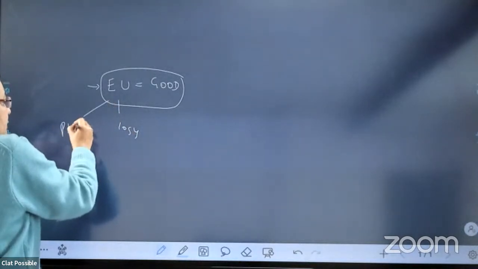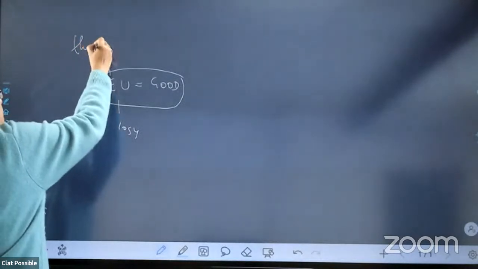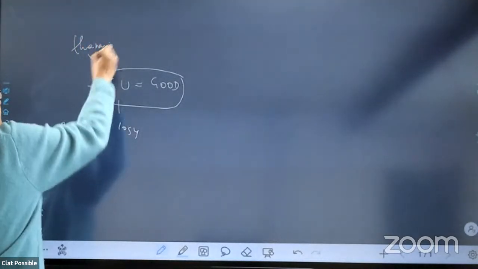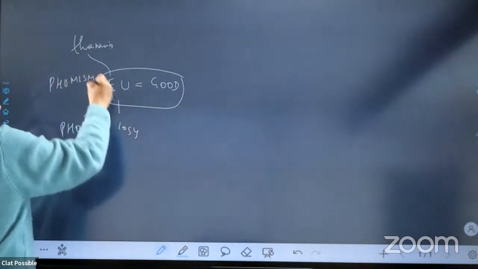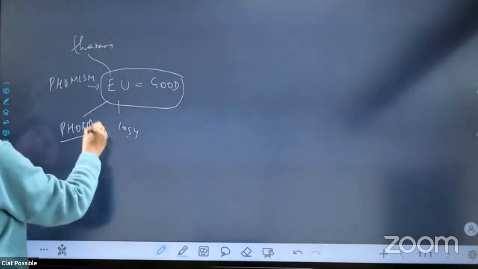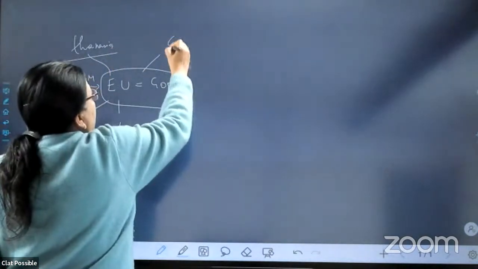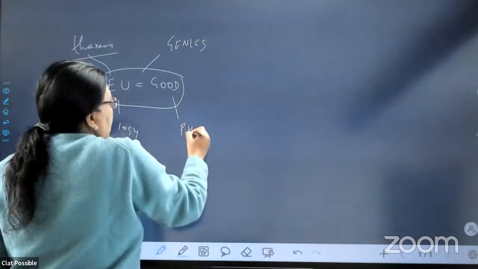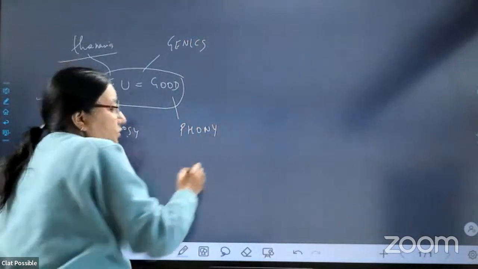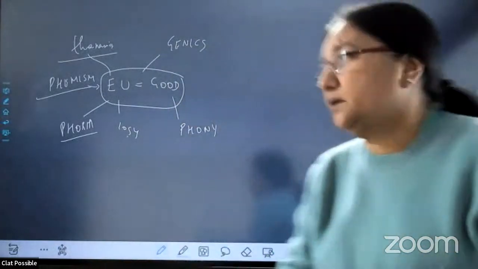Euphoria, happiness, euphemism, good usage, death. These are my EU words. Praise, good, happiness, good usage, good death, and good produce. Good music. Can't you do 2-3 more in this? Yes, you can do it. You can really do it.